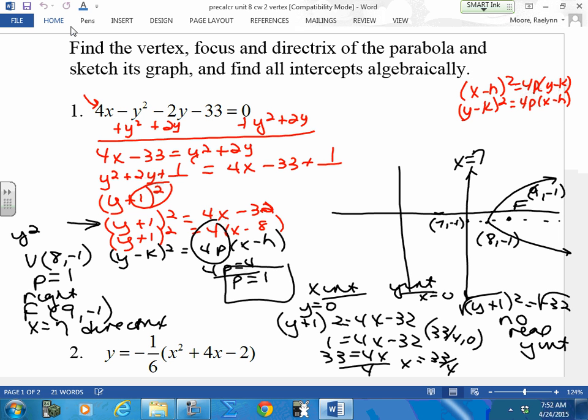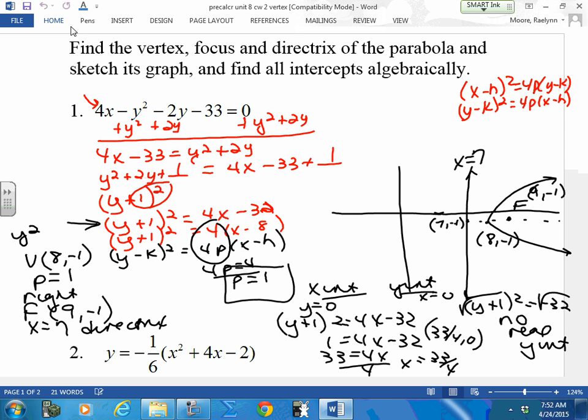Questions? I don't understand how to get to, like, I know what to do now after you get to where the arrow is. To y minus k, I know how to do that now. How do you get to that? We took this, we said if it's y squared, get anything related to y on one side. And you're going to have to complete the square, because it's got to be y minus k squared.